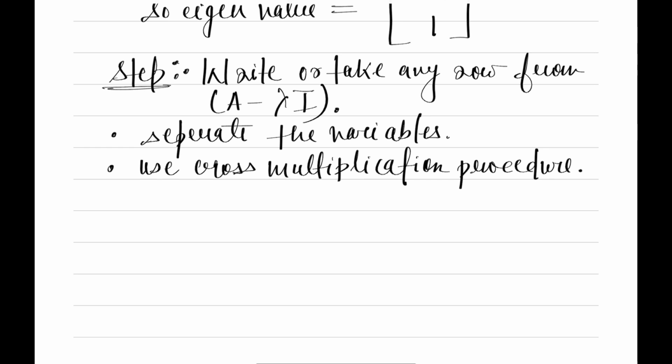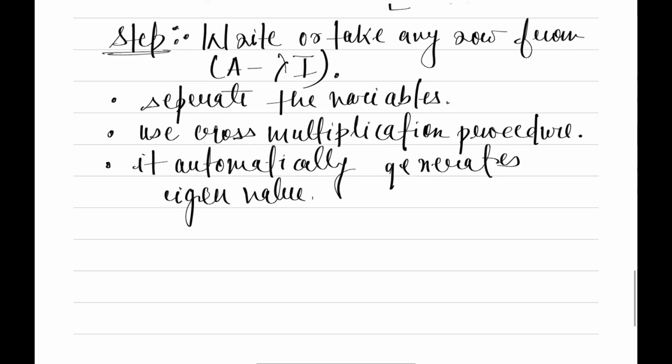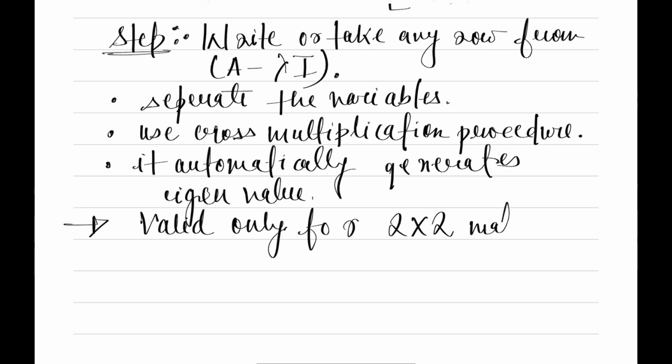Then it automatically generates the eigenvector. And this process is valid only for a 2 cross 2 matrix.